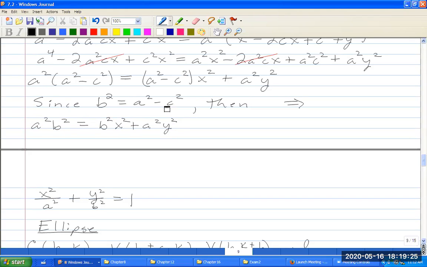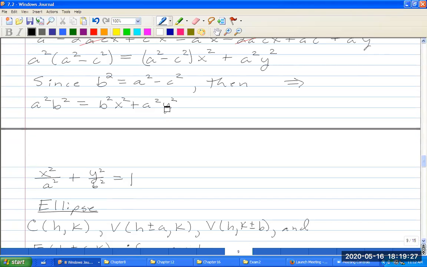Now, I used the fact that a was bigger than c, that a was along the focal axis. Now, I don't have to actually assume that.